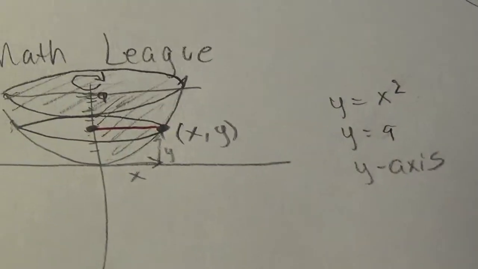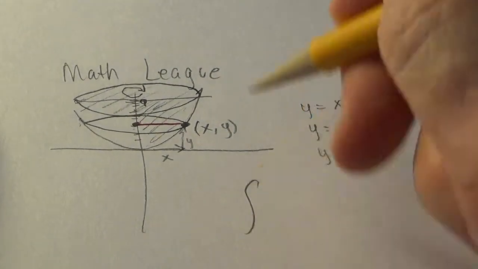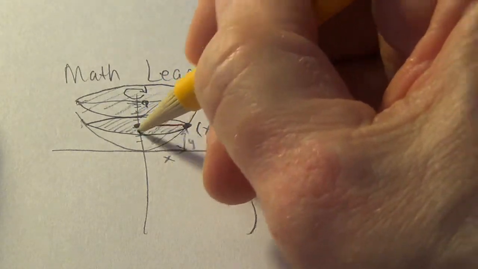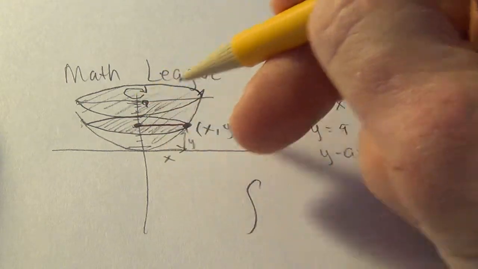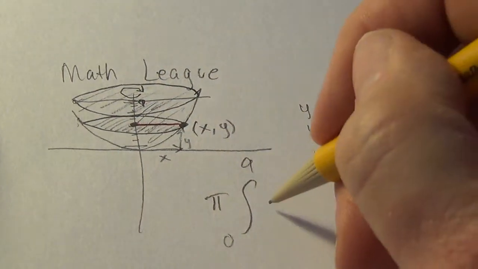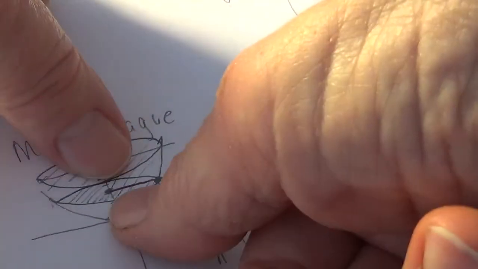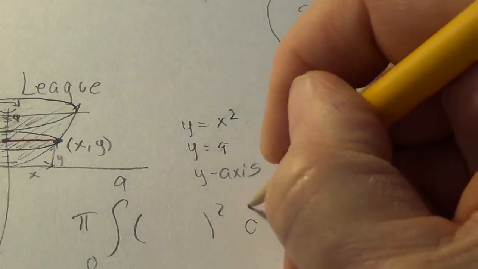All right, so let's set up the integral. So the integral is going to have all of these penny-type circular discs, and they're going to stack up from down here up to here. So they're going to go from 0 to 9. Pi, the radius squared, and the thickness of each of these pennies is on the y-axis, dy.